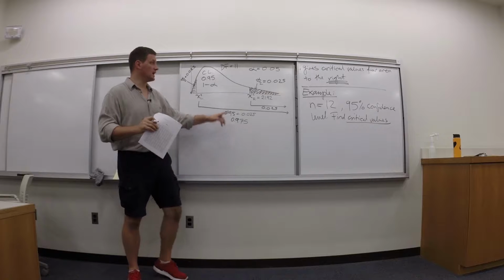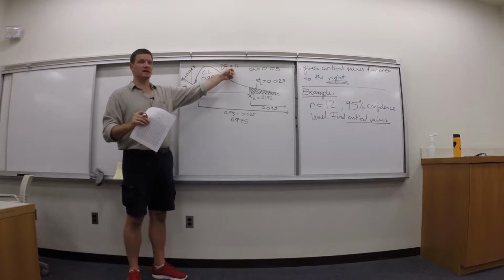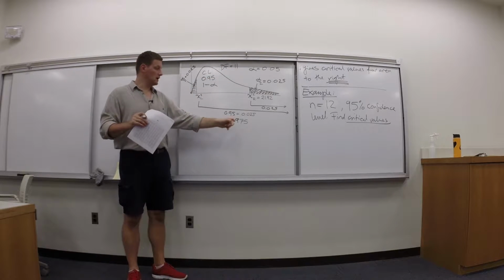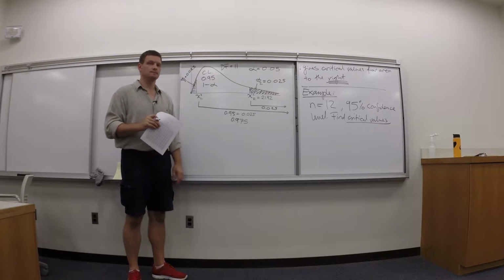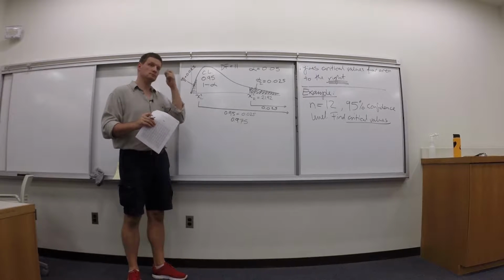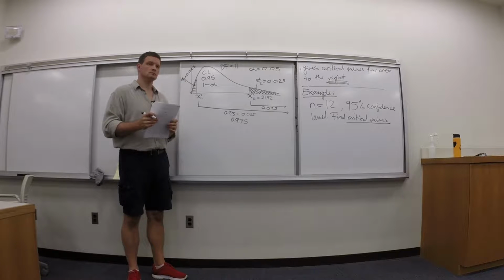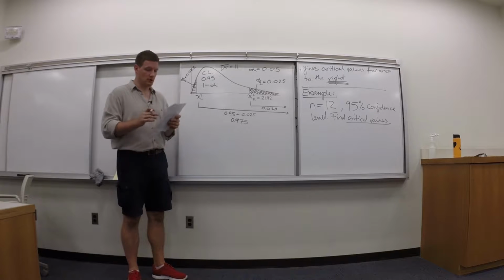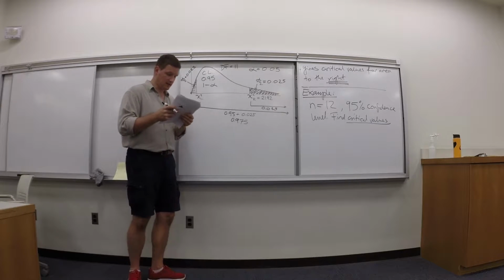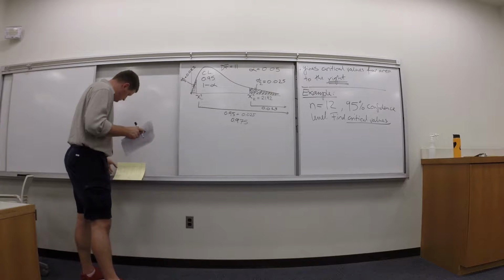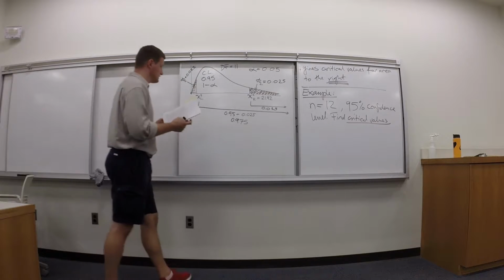Right? So now I'm looking at df degrees of freedom at 11 and 0.975. Okay, so 11 and 0.975, and I get 3.816.